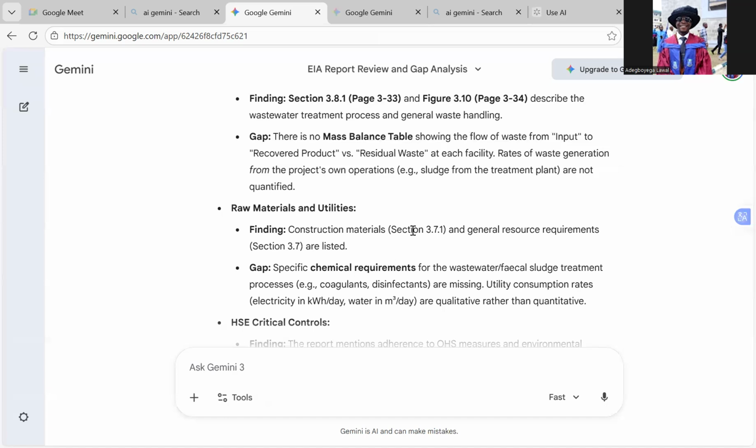Just look at the section 3.7.1 under construction material, then you can now ask for specific chemical requirements for wastewater fecal treatment, because we need to know how they are going to store this coagulant and this disinfectant, and how they are going to manage the spent materials.